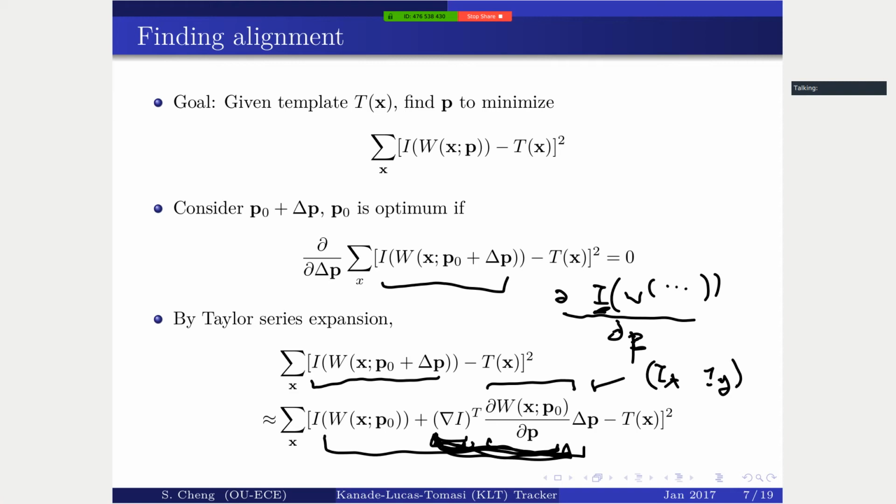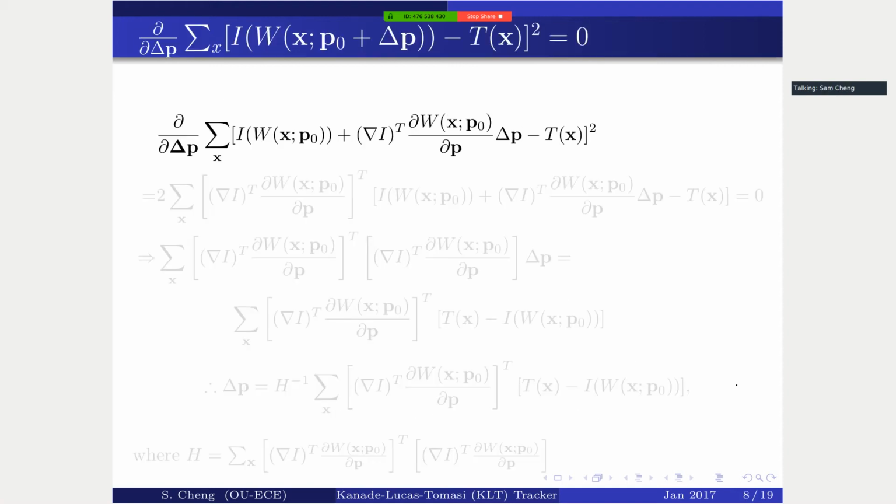Let's see, I make sure I am correct. Yeah. So now let's get back to here. After we do the expansion, we try to take the derivative here, set it to 0. So let's take the derivative with respect to delta p.